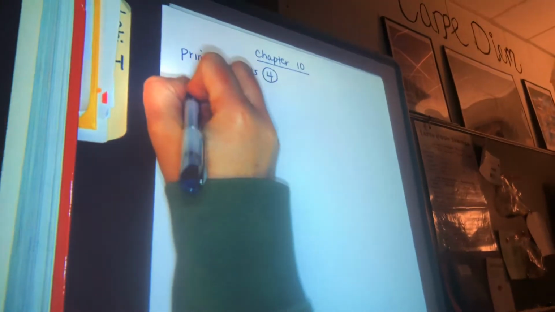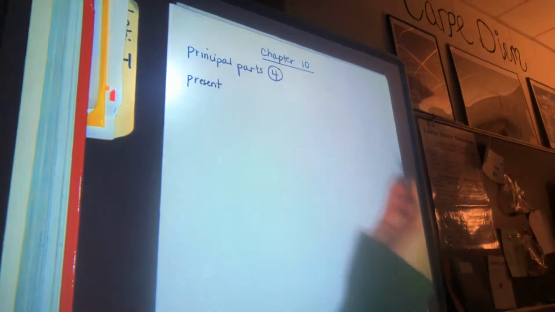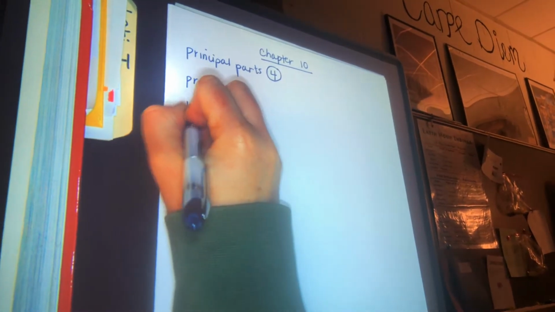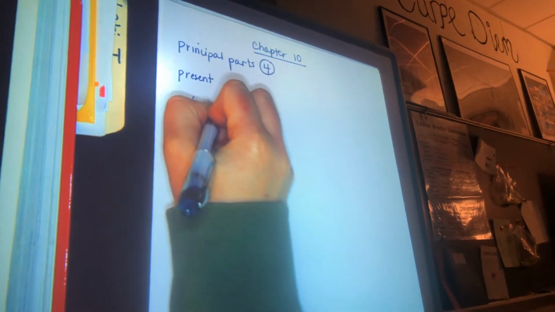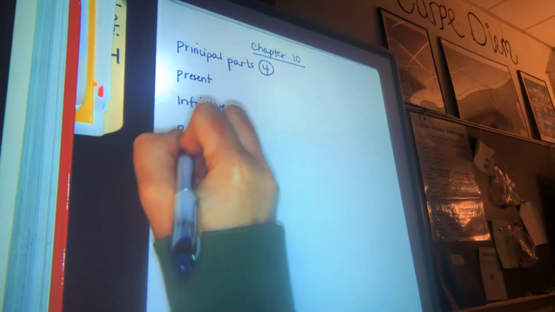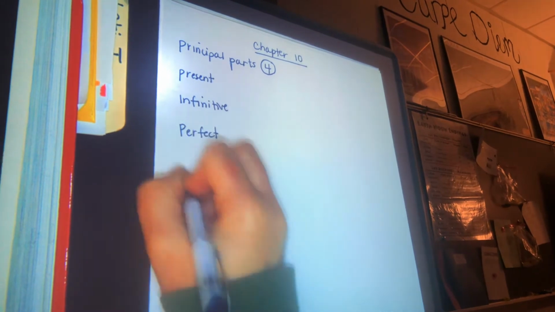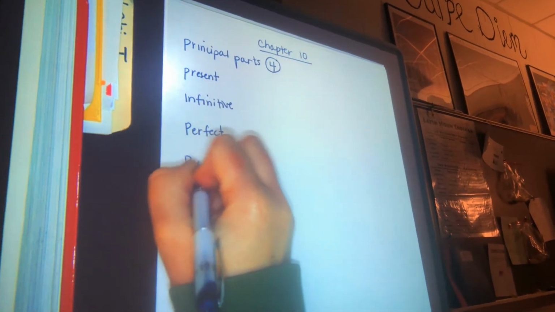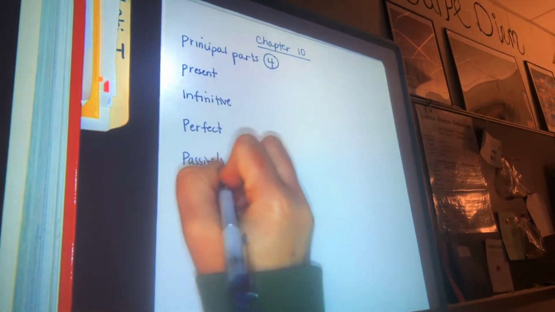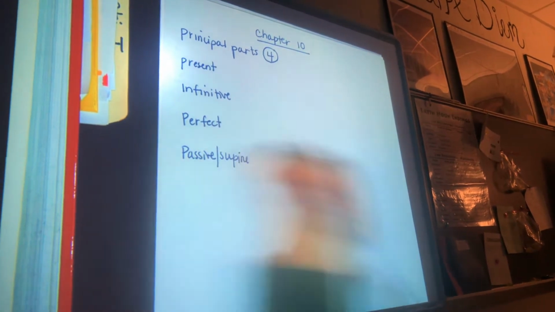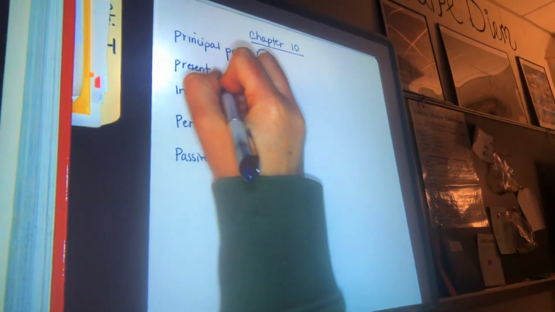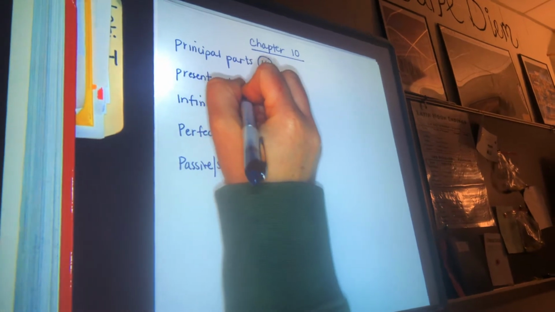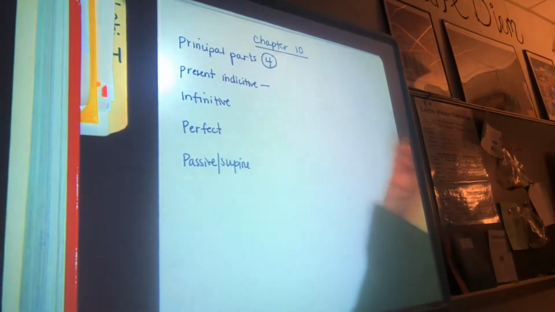There's the present, there's the infinitive, there's the perfect, and then there is the passive, which is called the supine. Okay? Present indicative is what we've been using so far.